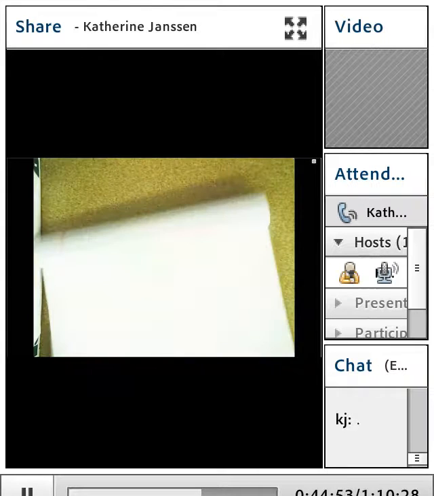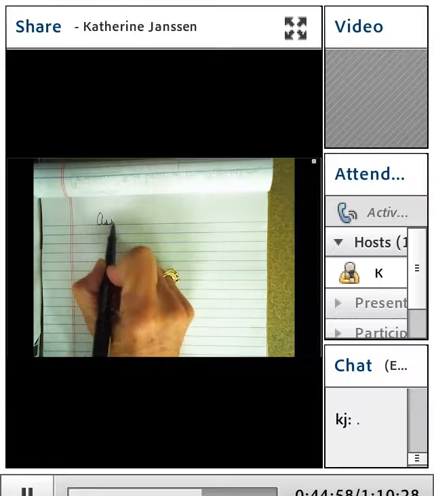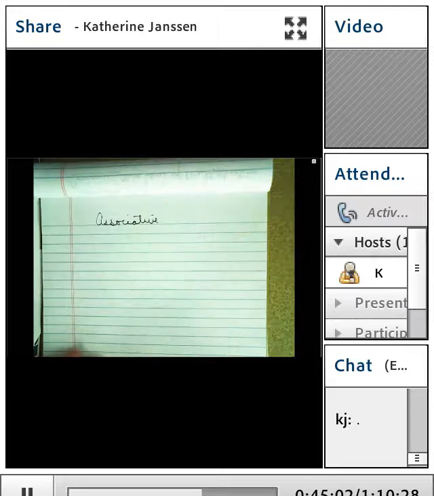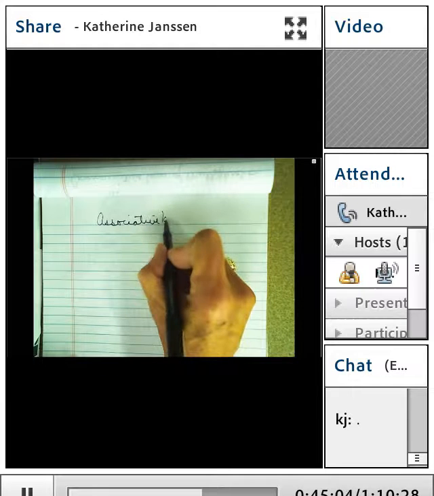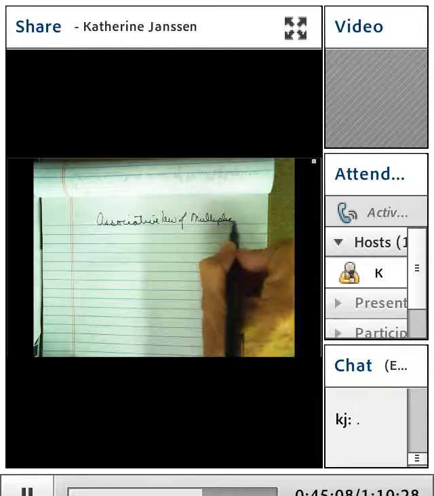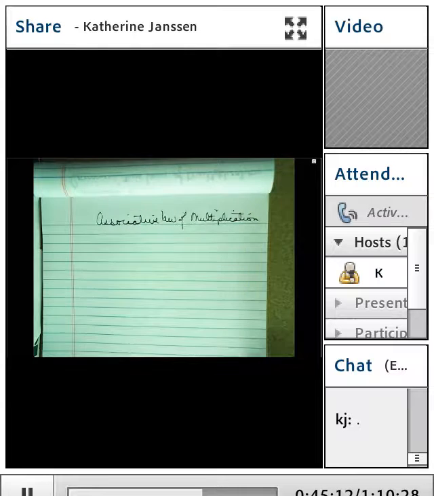On page 22, we continue with the associative law of multiplication. The associative law.